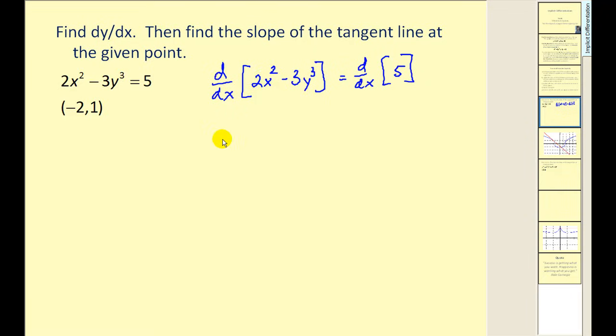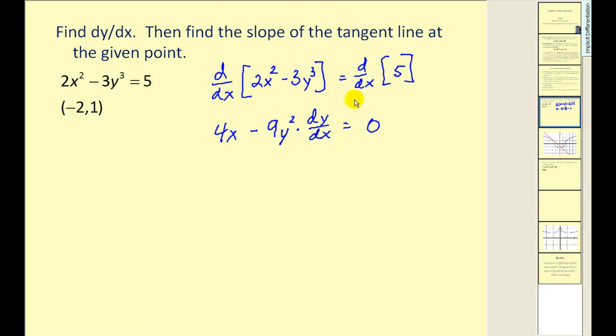So the derivative of this term would be 4x minus, now this term involves y, so we'll differentiate this and then have a factor of dy dx. So this would be minus 9y squared times dy dx. And again, we're just thinking of y as some function of x, and we're applying the chain rule.